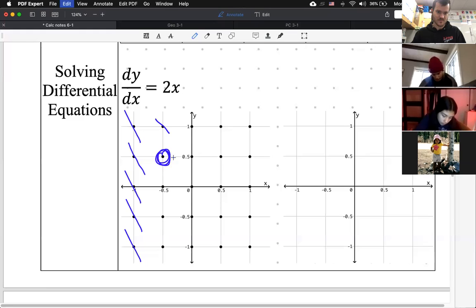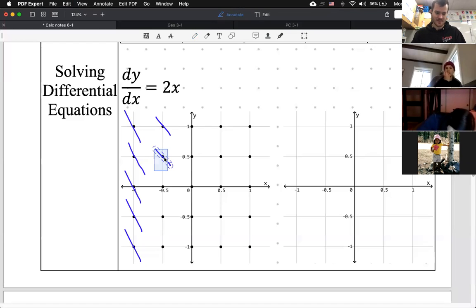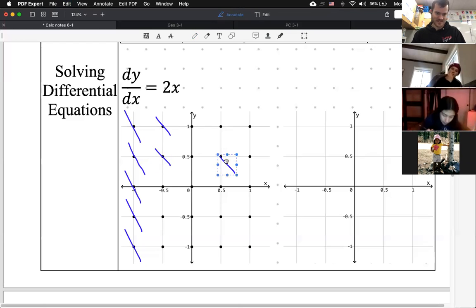Wait, no, it would still be negative. -1, yeah. And in fact, it's going to be the same rule that Andrea said. I don't know why my lines are so much shorter. You're just going to keep copying that slope over and over again because it doesn't depend on the y coordinate.